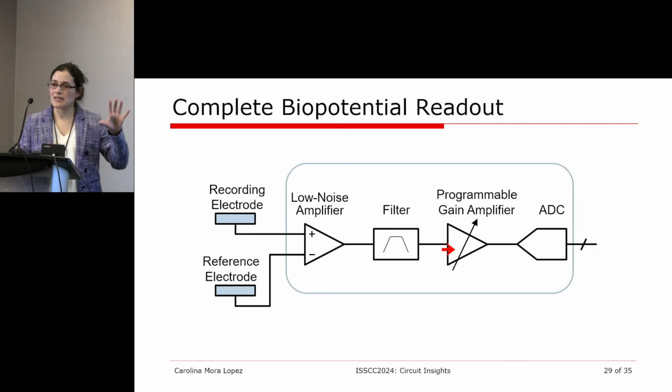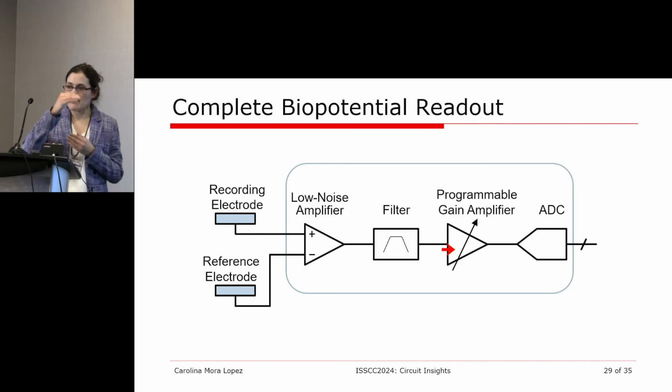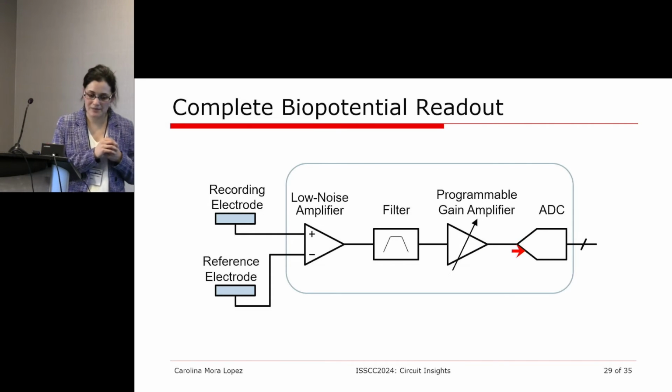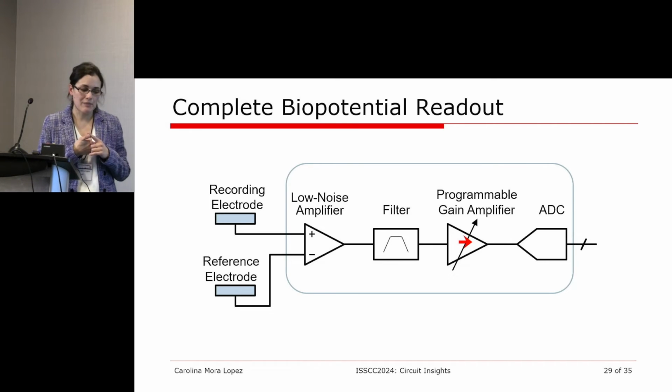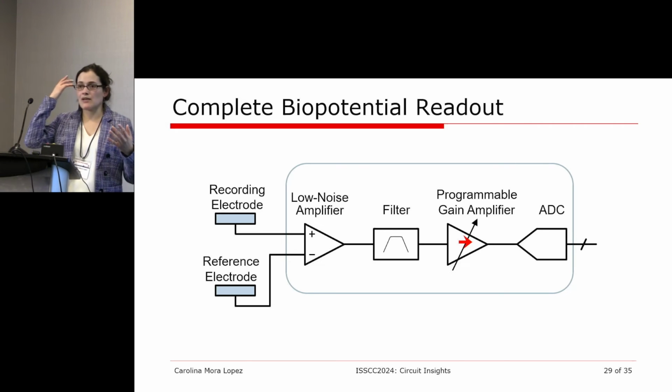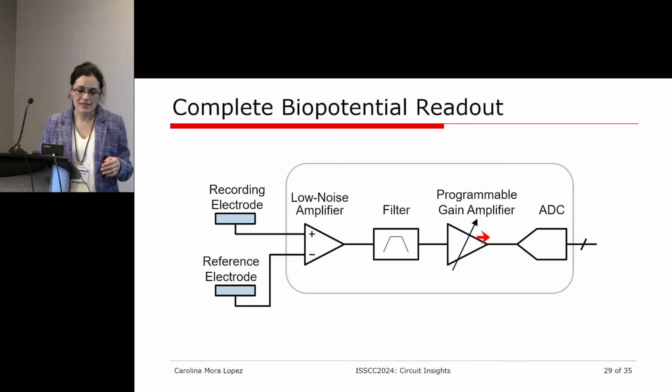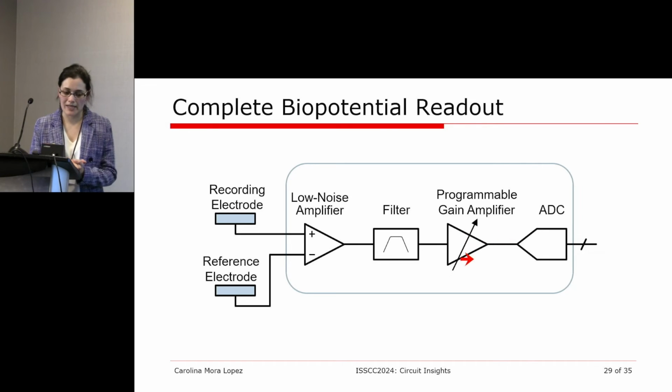This is optional, but many readouts will try to have an amplifier that gives you some flexibility on how much you need to amplify your signal in order to make use of the full input range of your analog to digital converter. So this can be important, for example, when you are not sure what is the amplitude of the input signals, and normally that's the case because that will depend on where you put your electrode, what's the size of the material or properties of this electrode. So you may want to have this programmable gain amplifier.